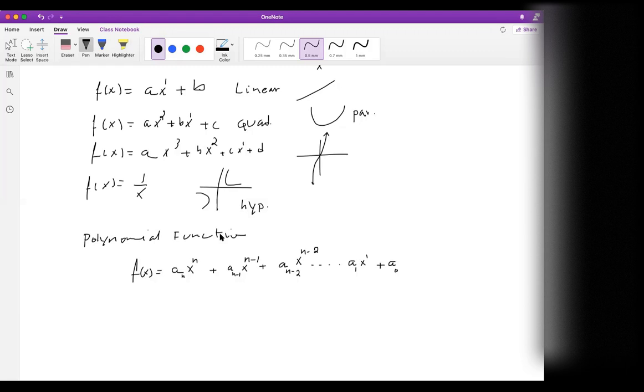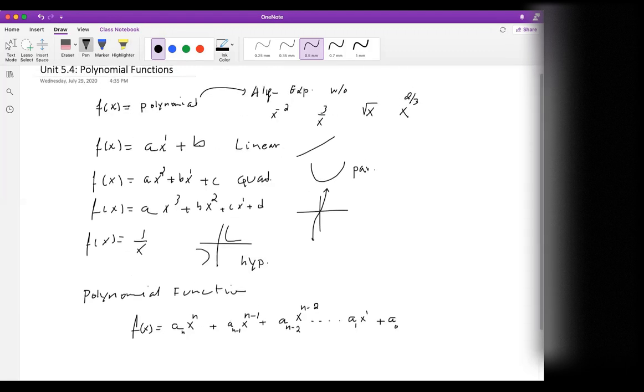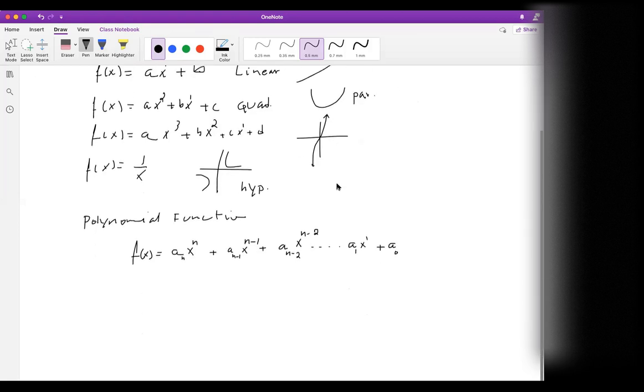And it could be any number of terms. The last term here doesn't have x, but you can think of it as x to the power 0. What is x to the power 0, everybody? It's 1.